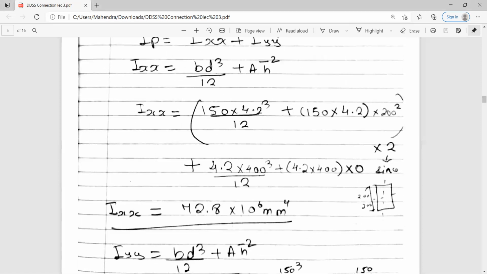So B कितना है आपका? 150. 150 into D. D is 4.2. 4.2 कैसे आए? जो throat thickness आपने calculate की थी. See, throat thickness आपको कितनी मिली थी? 4.2. So that D you are going to consider over here. So throat thickness cube, मतलब that is D cube by 12 plus 150, that is A1 and H1.